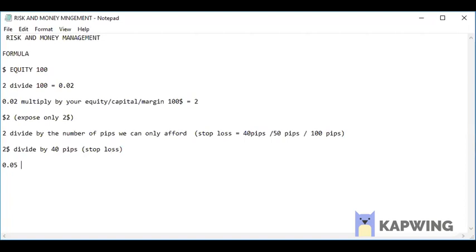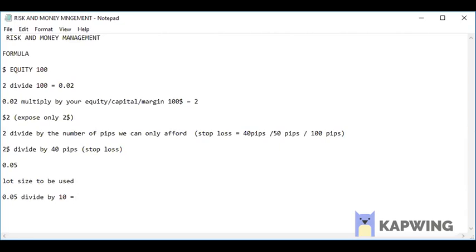0.05, this is not even our lot size. We just want to see $2, how much is that in pip value? But to get the lot size we are going to use, this is how we do it. We take that 0.05 and you divide by 10.